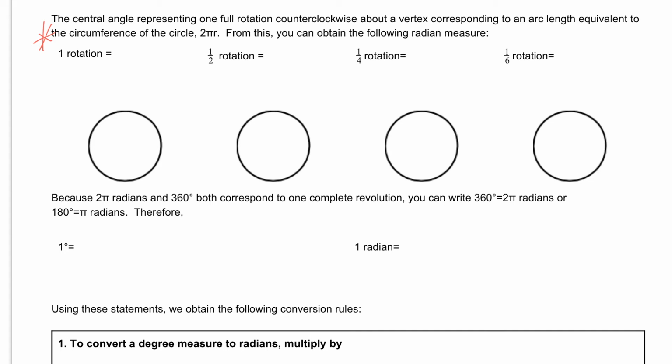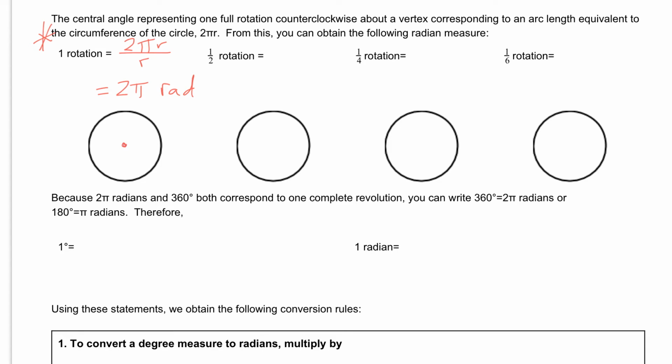So if we have one full rotation about our circle, that means we're taking 2 pi r, the circumference of our circle, and dividing it by r. And that's going to give us 2 pi radians. So what this is saying is that one full rotation about our circle is equal to 2 pi.